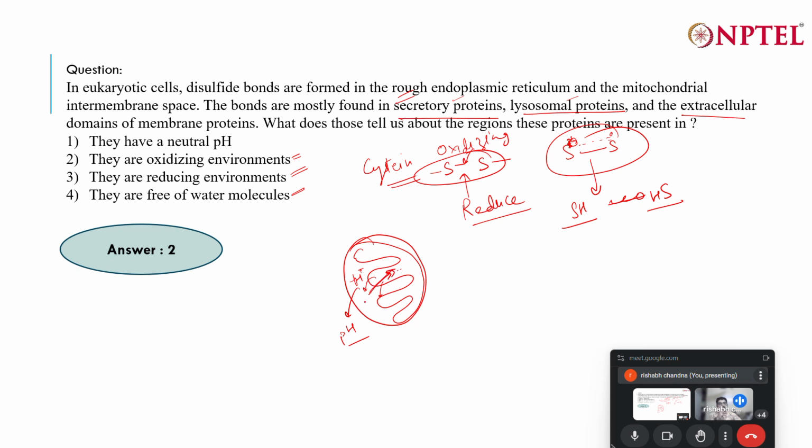This is the low pH region, and the cytosolic pH is maybe around 6.8. That's what I remember.